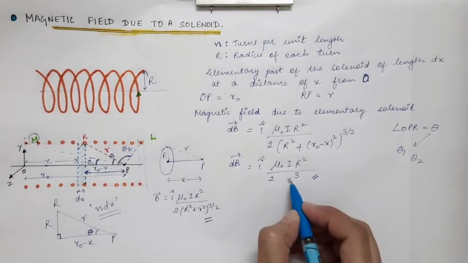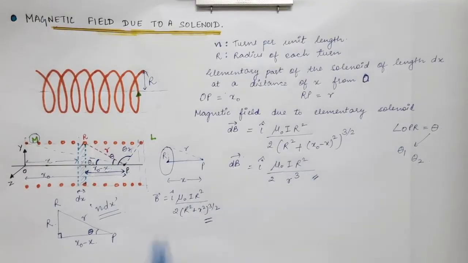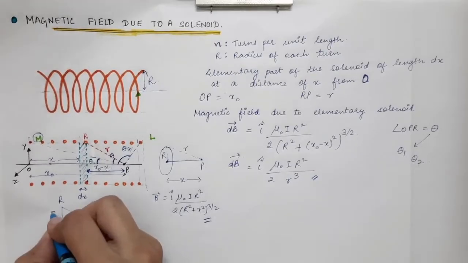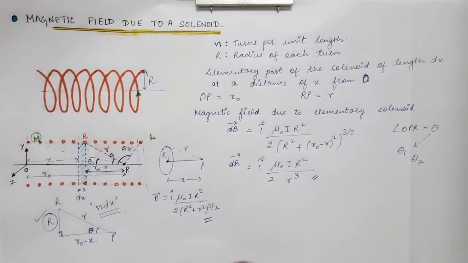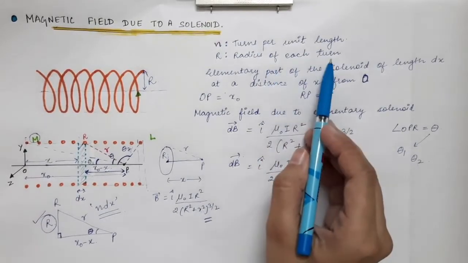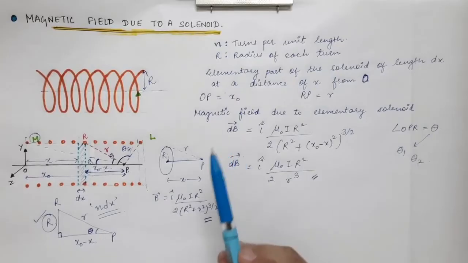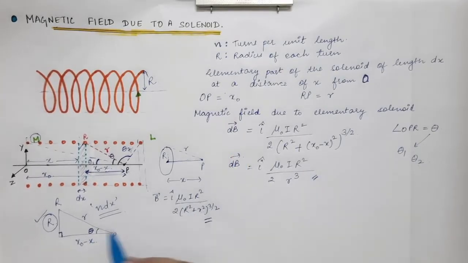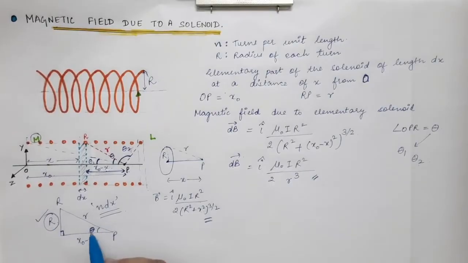To find out the expression of r in terms of theta, we will use this triangle. Now in this case what is known to us is capital R. Capital R is fixed in the whole derivation because this is the radius of each turn and it will be constant throughout the derivation. So let's find r in terms of theta.